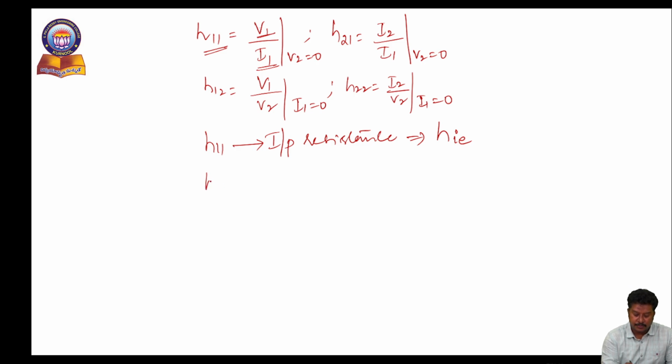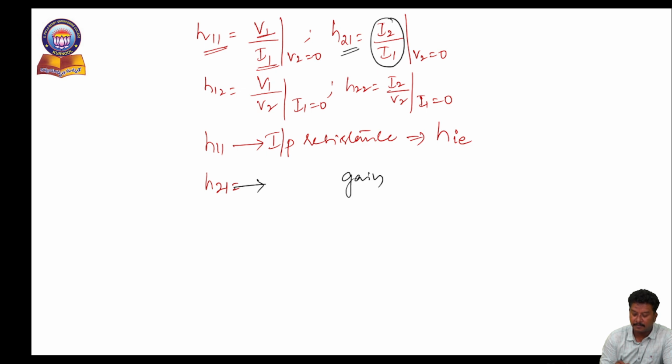Similarly, H21, if you carefully observe, explains the ratio of output current by input current. The ratio of output current by input current is nothing but gain.